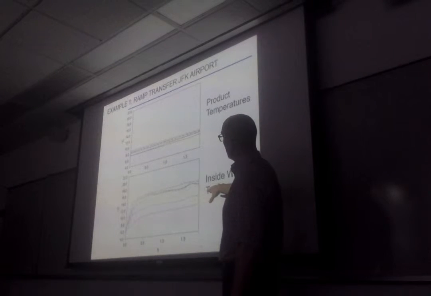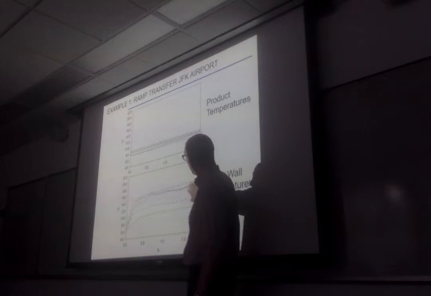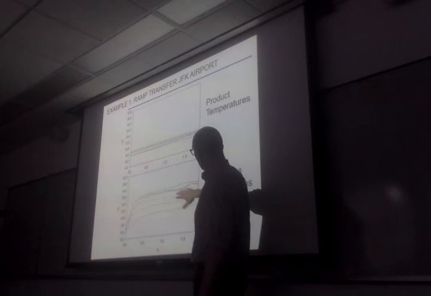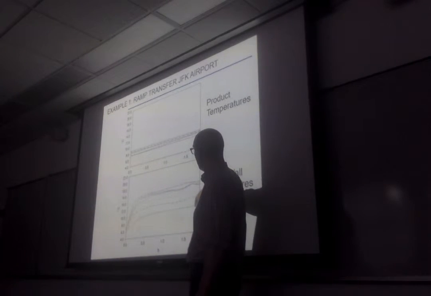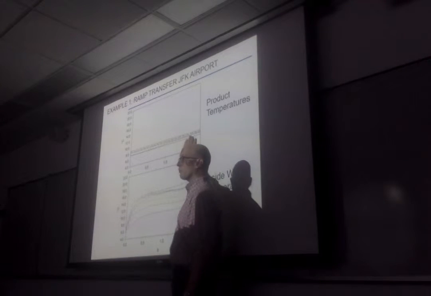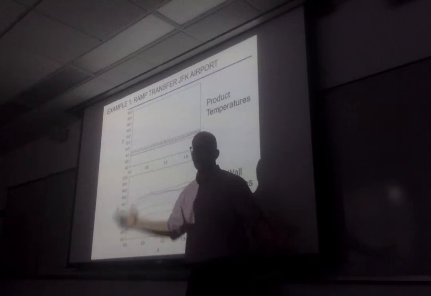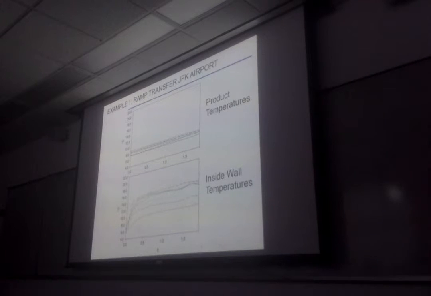So this was in April, end of April. You see that temperatures outside were about 15 degrees Celsius, a little bit of variation, but products were fine. No temperature change whatsoever during that time, okay?